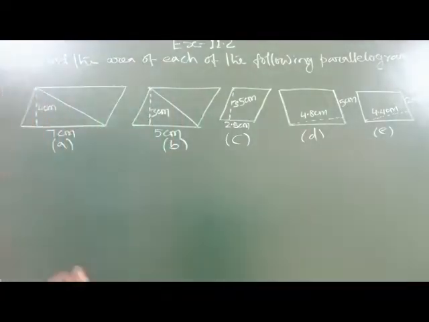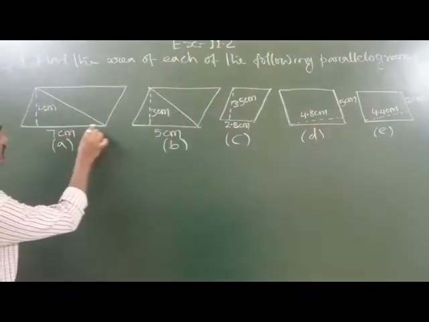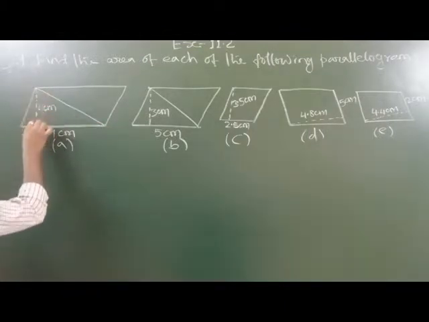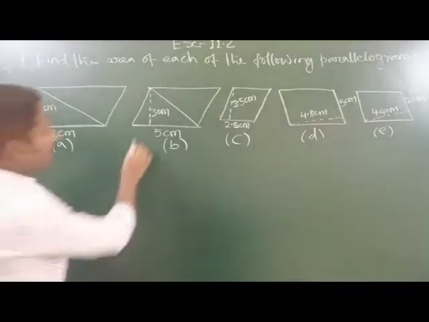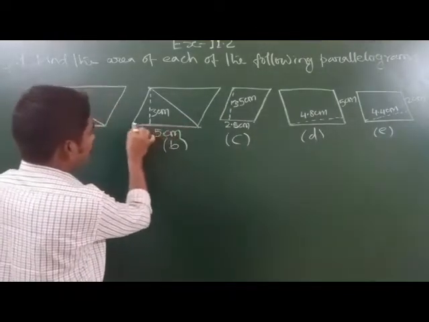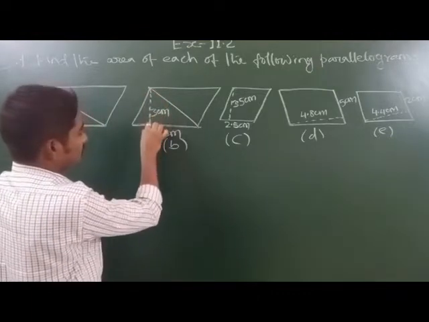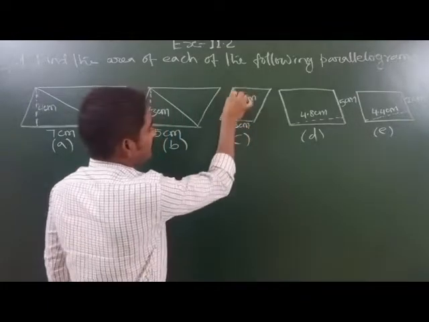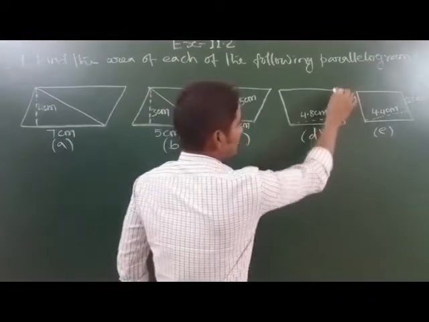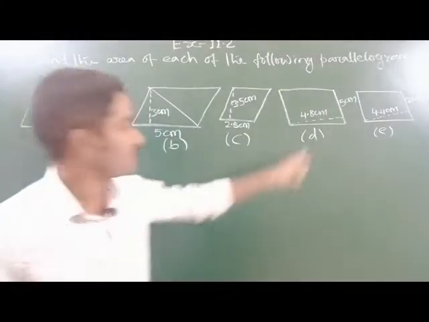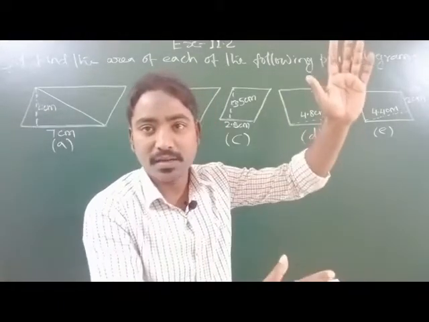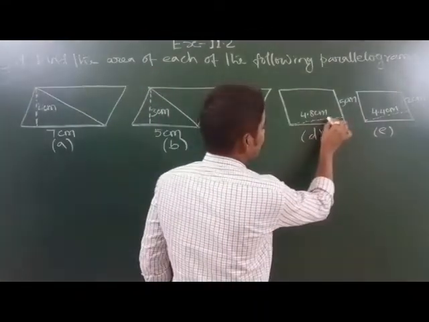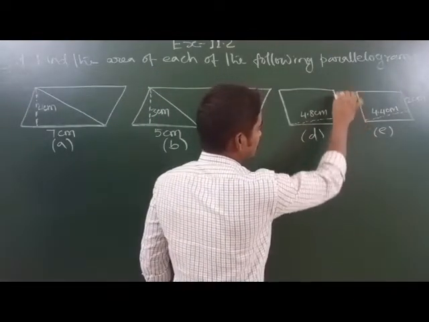Now see, this one is given as 7 centimeter. This is the base and this one is the height of the parallelogram. Similarly, here this one is the base and this is the height given. Similarly here this is the base and this is the height given. Here the figure has been rotated through 90 degrees, so this is the height and this one will be the base, not this one.